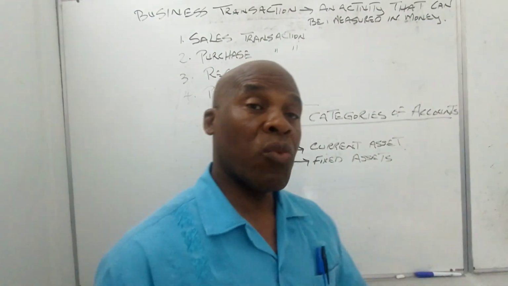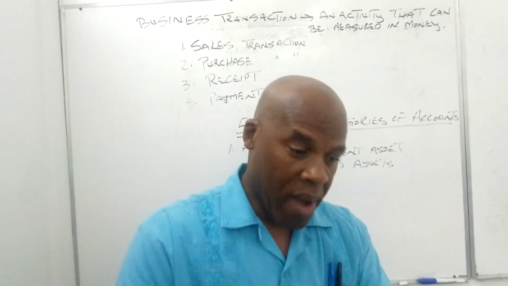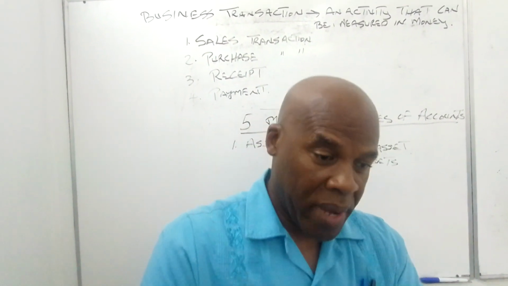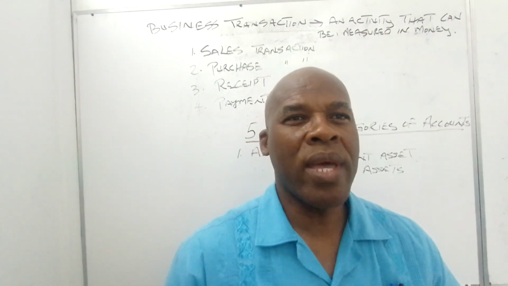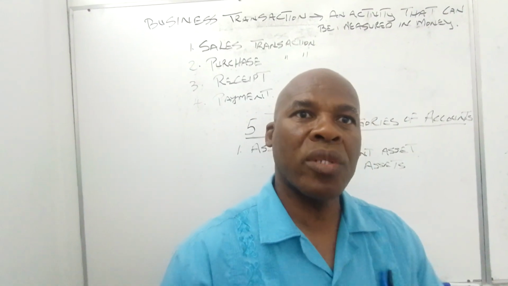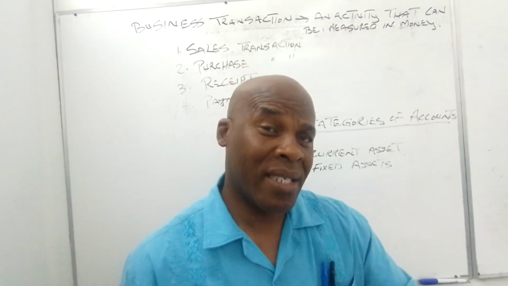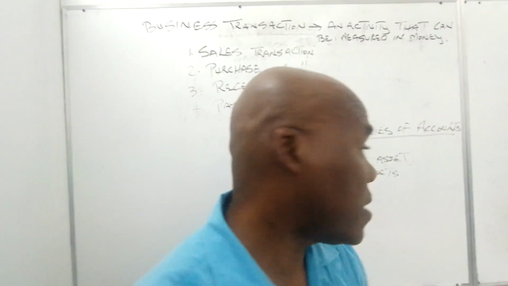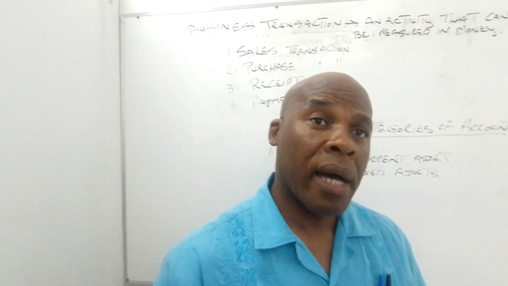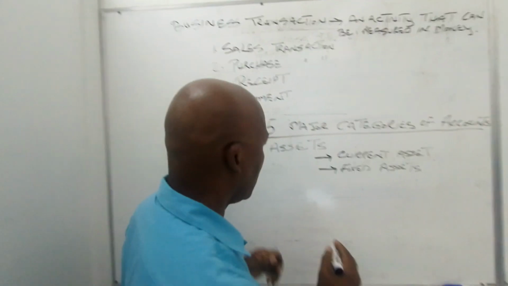On the current assets, we have other assets like cash, bank, accounts receivable, prepaid expenses, etc. We are not into the itemizing of the assets at this time. We just want you to understand the broad categories. We will do the itemizing of assets later on in another session of Accounting Made Easy on the whiteboard.